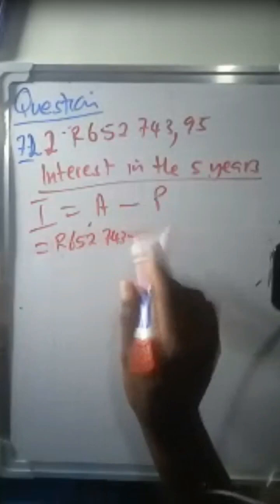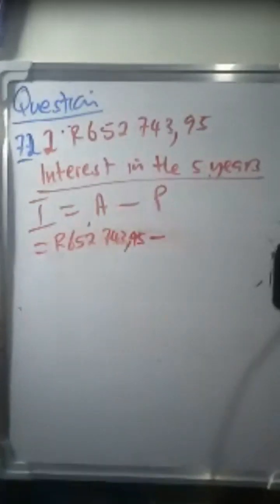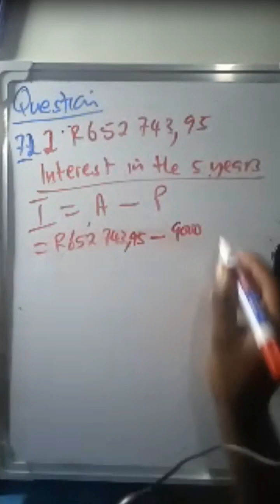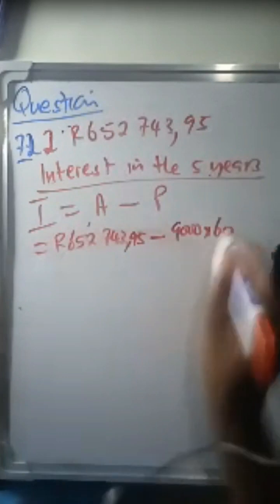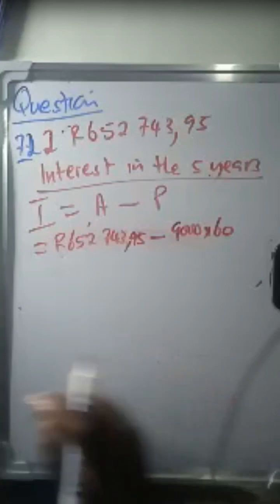What was the amount that was invested? This person invested 9,000 times 60, because 9,000 was deposited in the account for 60 months. So what are we going to get?